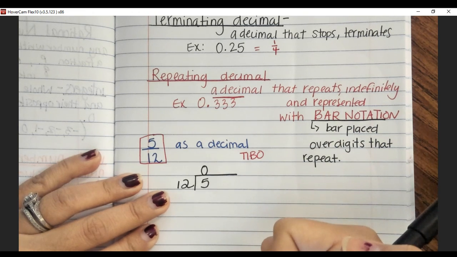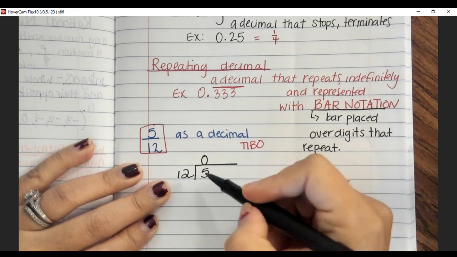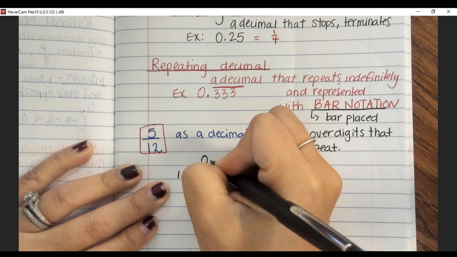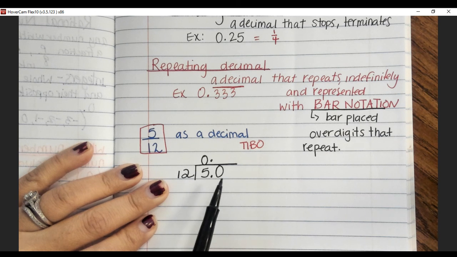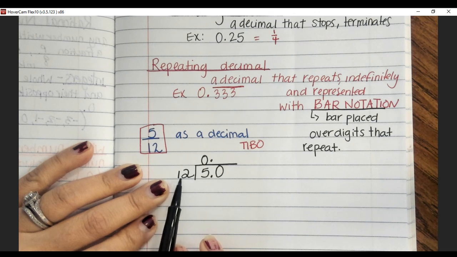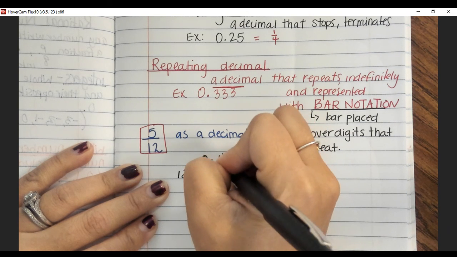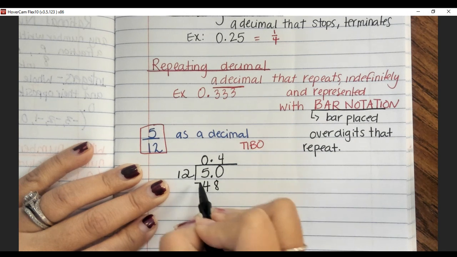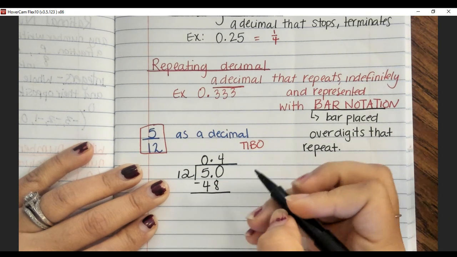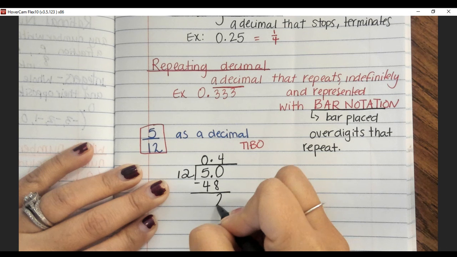And I'm going to continue to find out. Remember, my goal is to have a remainder of 0. So I'm going to add a decimal and a 0. So now I can look at it as how many groups of 12 are in 50. So when I look at that, 12 times 4 equals 48. I will subtract, and I'm left with 2.